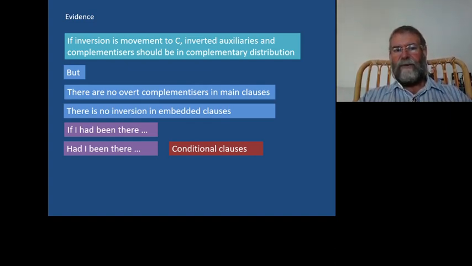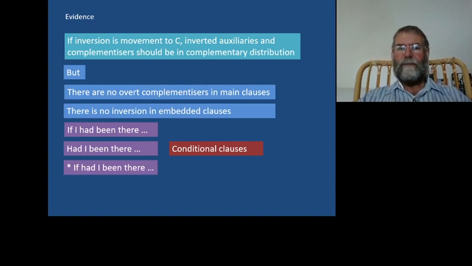So if the two occupy the same position, we predict that they should be in complementary distribution. If they don't occupy the same position, then we predict that you should be able to have both of them together. What are the facts? Well, the fact is it's impossible to have both the inverted auxiliary and the if complementizer.